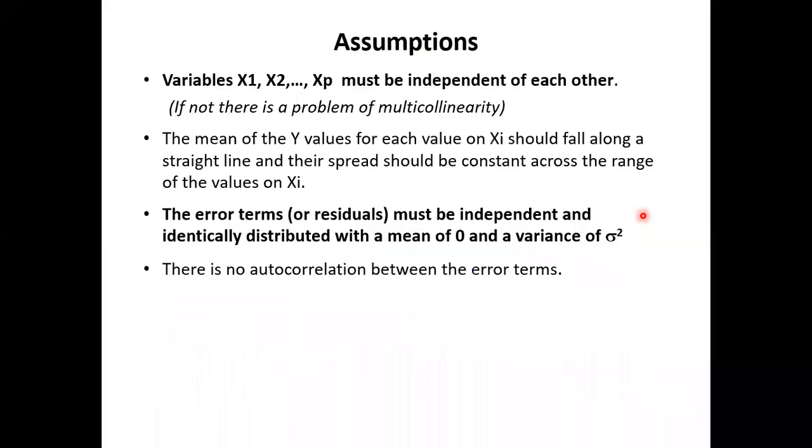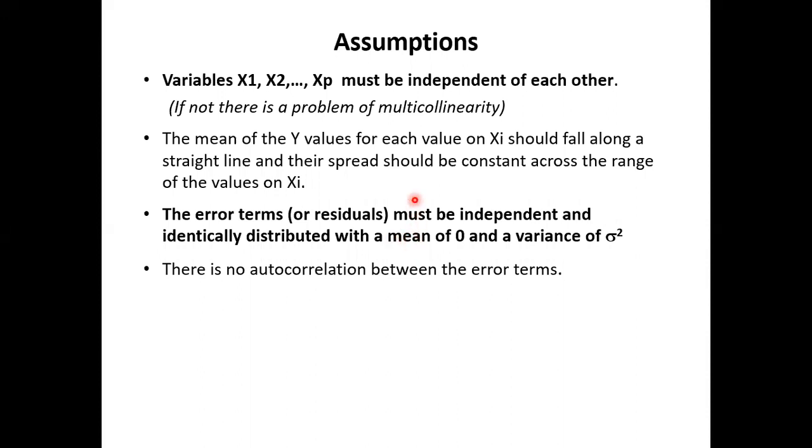All right, assumptions. We have seen these assumptions earlier for simple linear regression. The residuals: we have seen what a residual is, the difference between observed and predicted. The smaller the residuals, the better the model fit. Residual terms must be independent. How do you confirm this? From the residual plot, they must be random and normally distributed. We save the residuals and check that.